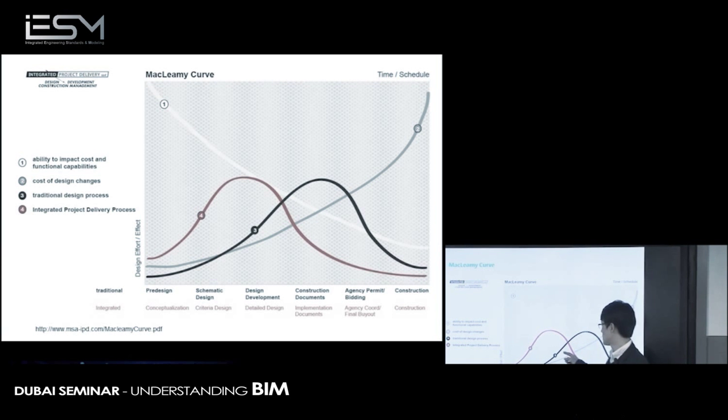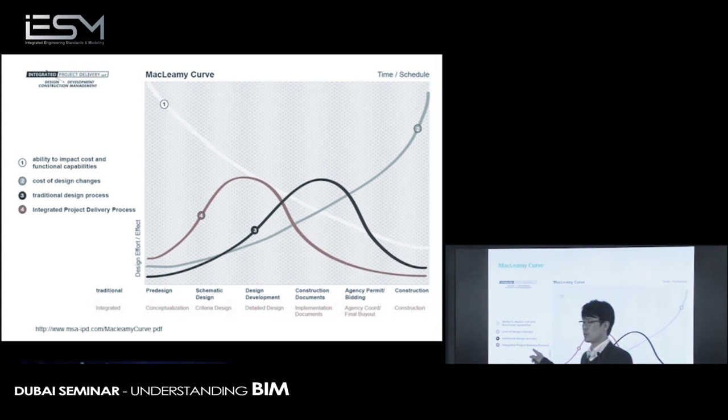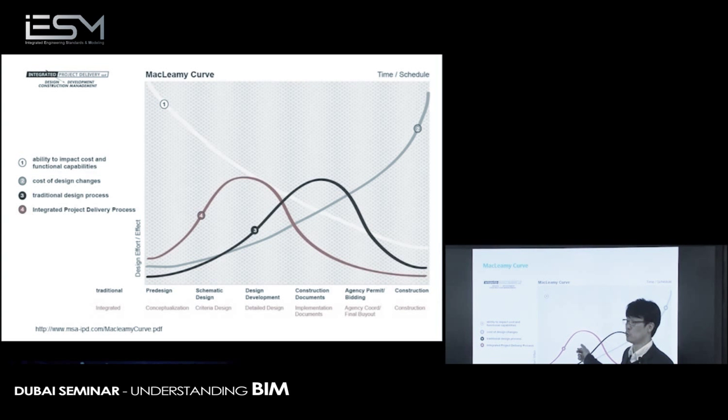The traditional design process is this one, number 3. Our design information is going to be created and hit the top when we are doing some construction documents, done by some construction company, not designers. But integrated project delivery, that is IPD, I told you, some integrated approach for new building using BIM technologies, is going to be here. That's the ideal curve, number 4.